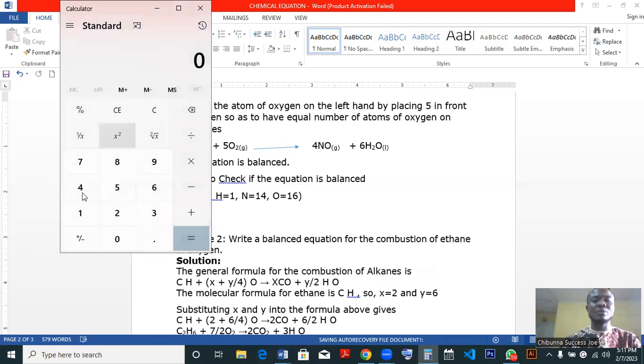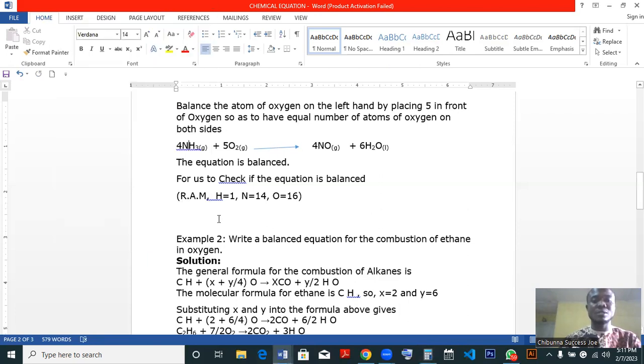So we are going to have 4 times 14. 4 times 14 of nitrogen is 56.